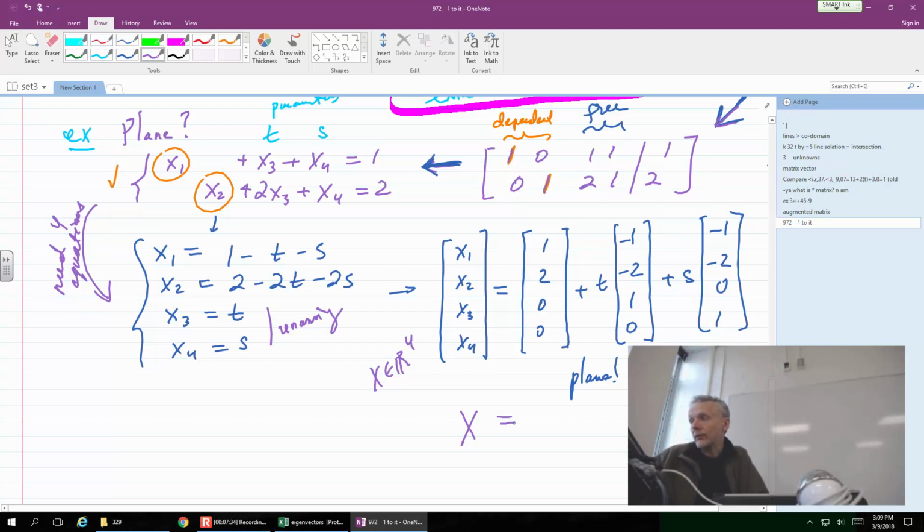Then let's call this vector S plus T, and V plus SU. So the capitalized letters X, S, V, U are 4 vectors. Only S, V, and U are fixed, and X is variable.